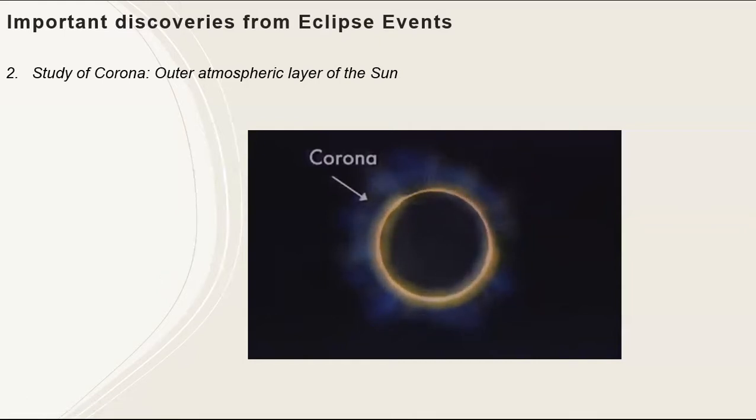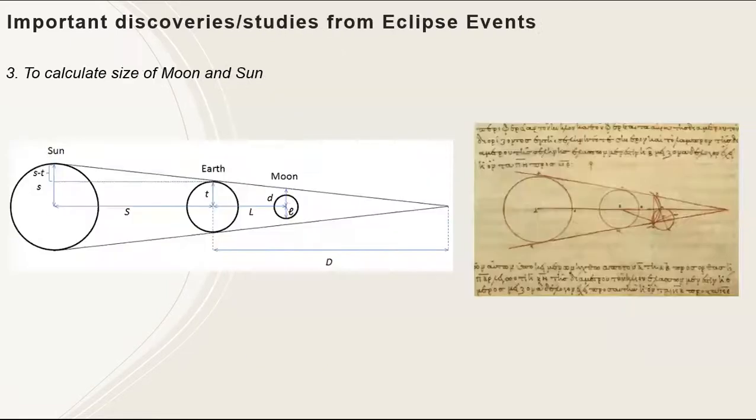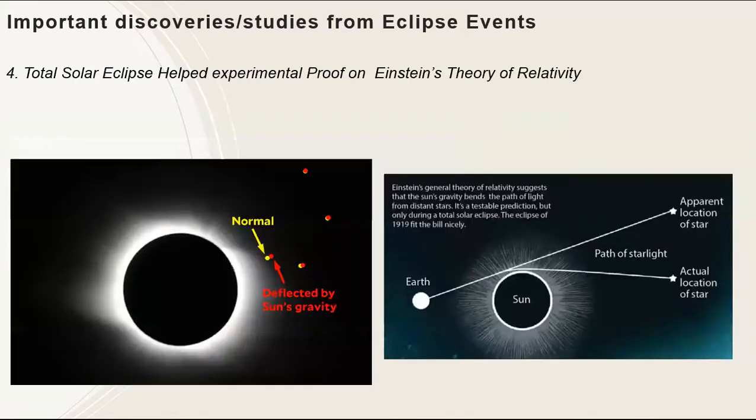Solar eclipses help to study the Sun's magnetic fields and the outer part of the Sun, the corona. Third one, to calculate the size of the Moon and Sun. The Greek astronomer Aristarchus used lunar eclipses and geometry to measure the size of the Moon, then used solar eclipses to extrapolate the size of the Sun.